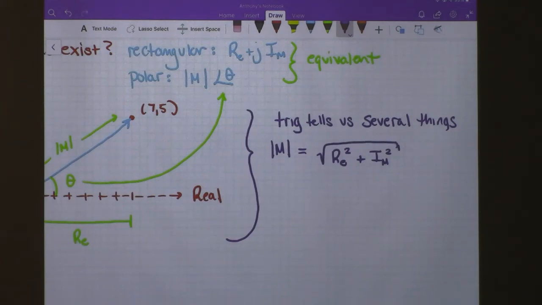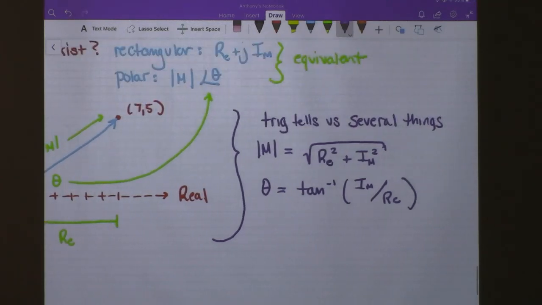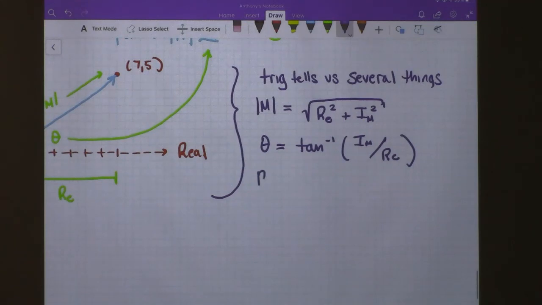We also know that theta will be equal to the inverse tangent of I sub m over R sub e. And furthermore, we know that R sub e will be equal to the magnitude times cosine of the angle, and I sub m will be equal to the magnitude times the sine of theta.